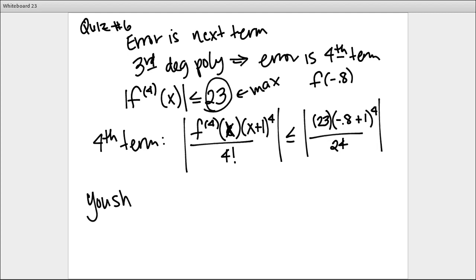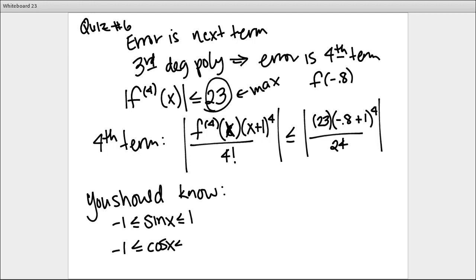Some things we expect you to know: things like sine and cosine have maxes. We know that sine of x is between 1 and -1, and we know cosine is the same thing.